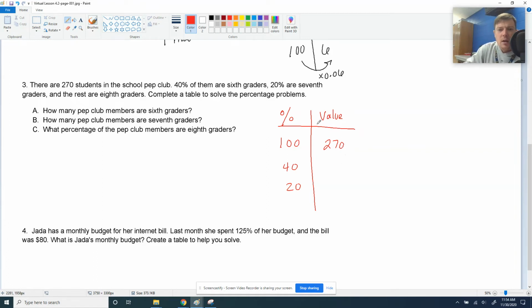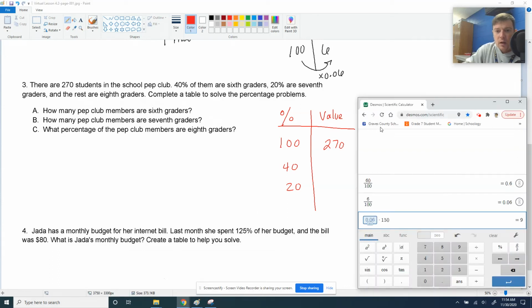And to do that, we need to find our constant of proportionality between these two numbers. So I'm going to divide my two numbers that are here. 270 divided by 100. That should be pretty easy. I believe that's 2.7, right? 2.7. So we know that we can multiply by 2.7 to get over.